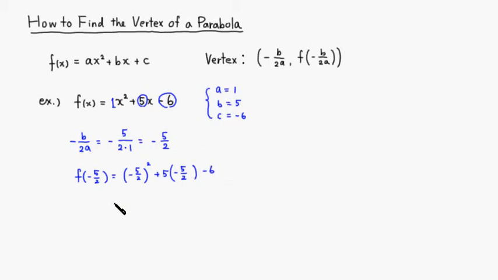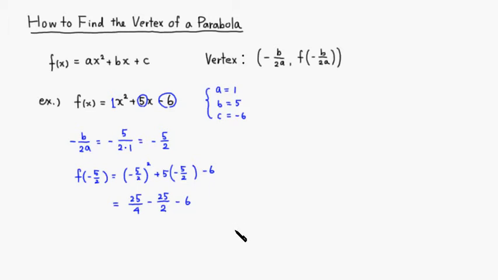Squaring, the negative sign is gone, and 5 squared is 25 over 2 squared, which is 4. And minus 5 times 5 is 25 over 2, and minus 6.